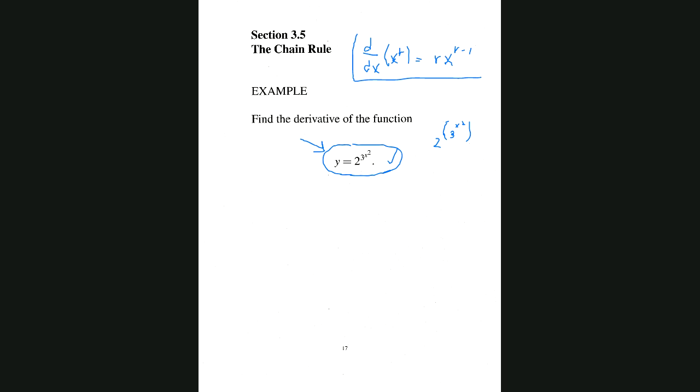But in this case, the answer is no, because you're taking this 2 and raising it to a power. But 2 is not x, it's not a variable, it's a number. So the power rule is not going to work.